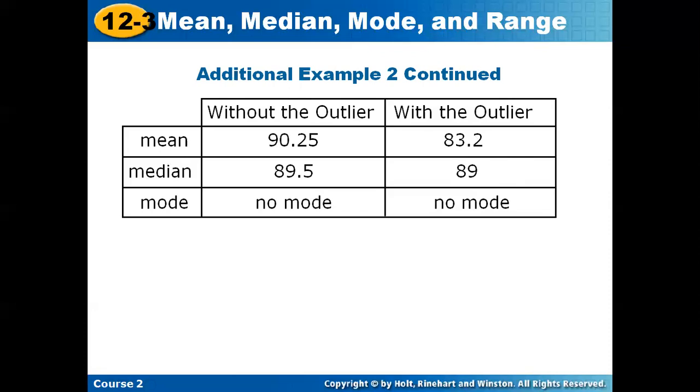For the median, it is 89.5 without the outlier, and with the outlier it's 89. So it is not really affected whether your set of data has an outlier or we remove the outlier. The mode, we have no mode, so it is not affected if you have an outlier in your given set of data.